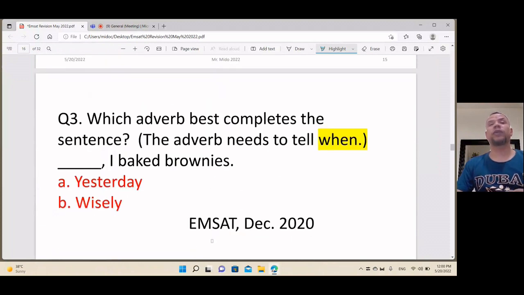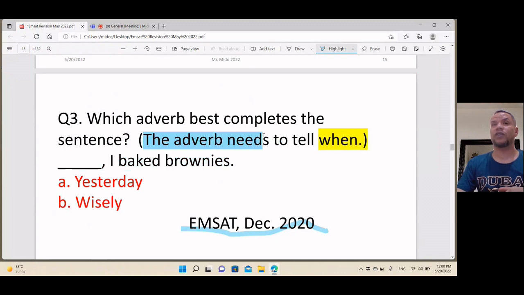Let's see question 3, coming from EmSAT December 2020. Which adverb best completes the sentence? And the note is, the adverb needs to tell you when. So when means the time.